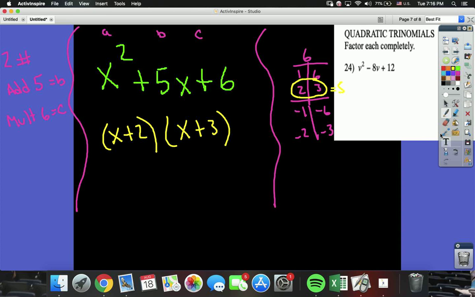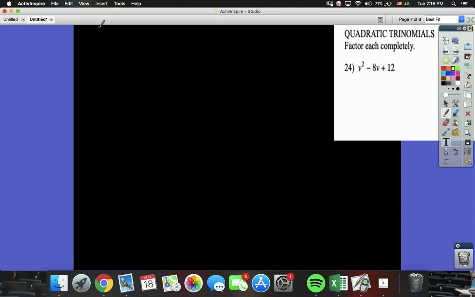Here we go. Let's try number 24. Number 24 says v squared minus 8v plus 12. Again, my rule is I need two numbers that are multiples of c and add up to b.